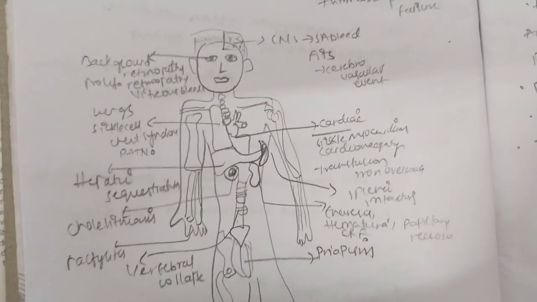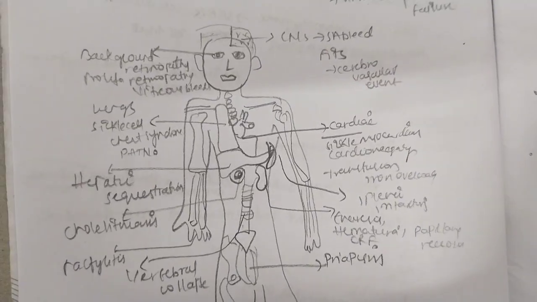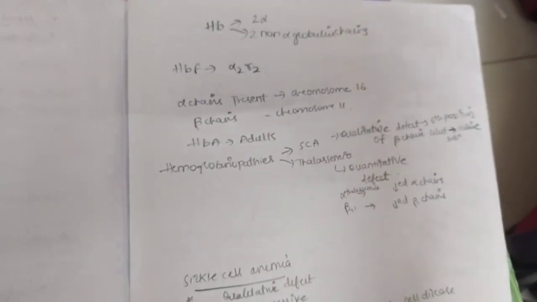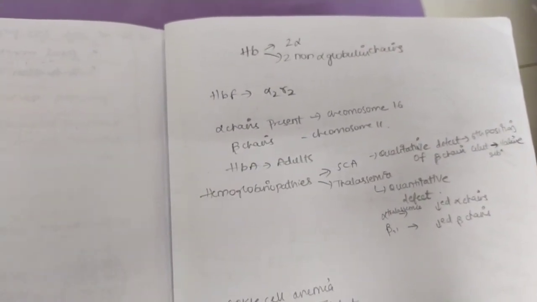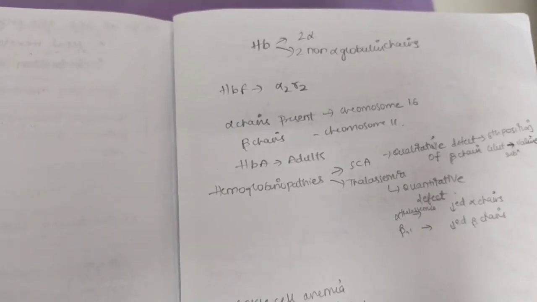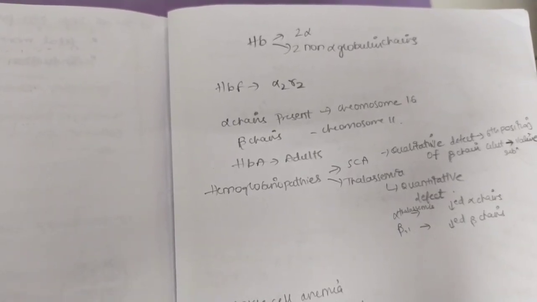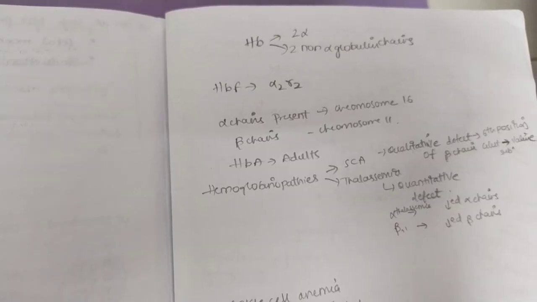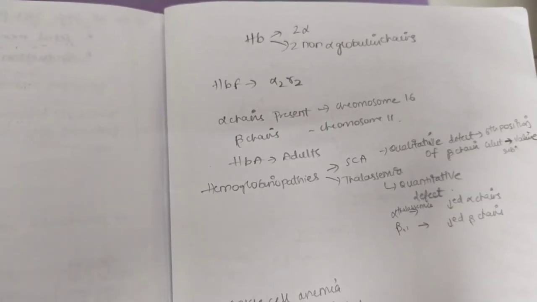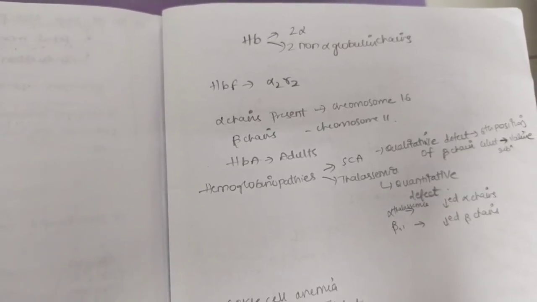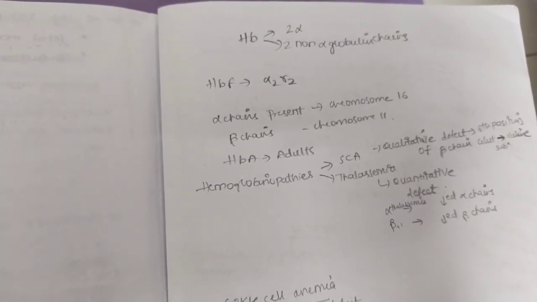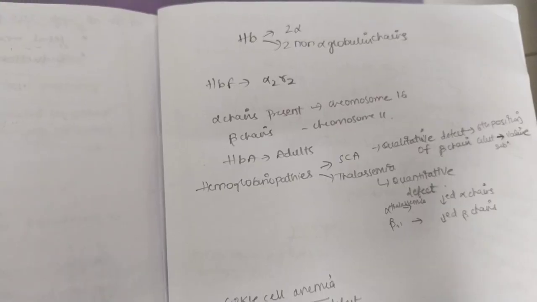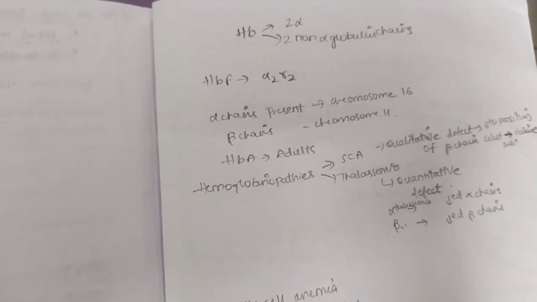So this is a very funny diagram I made, right? It's okay, let's discuss. Normally hemoglobin has two alpha chains and two non-alpha globin chains, right? The alpha chains are produced from genes located on chromosome 16, and the beta globin chain has its genes, the alleles, located on chromosome 11, right?